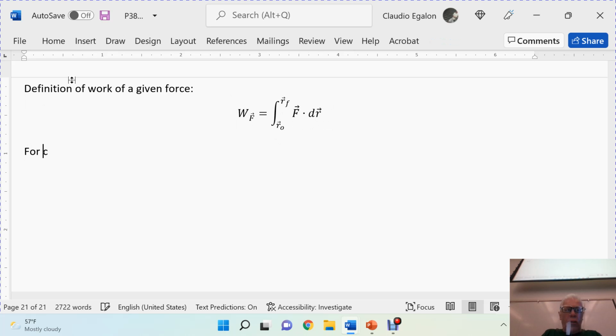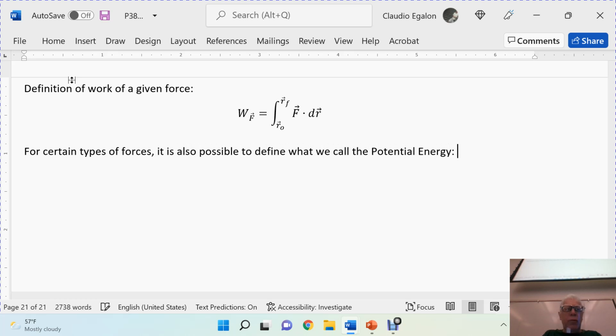I'm just reviewing what we saw in Physics 37. For certain types of forces, it is also possible to define what we call potential energy. What are those forces called? Conservative forces. So far you know only three types of conservative force.